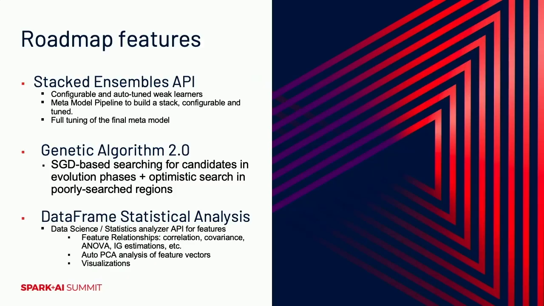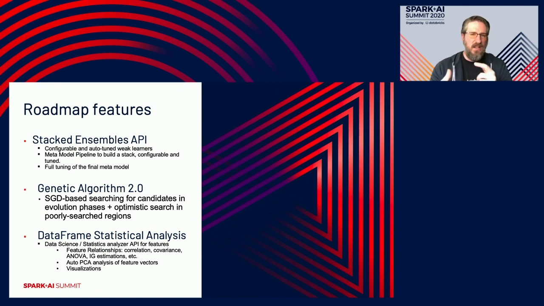The other thing we're working on is an improved method of the slide that I just talked about, which is genetic algorithm 2.0. One of the things that we want to do is implement something that is pseudo SGD based. So when we're actually searching for candidates in each subsequent generation, we want to make it a little bit more intelligent.